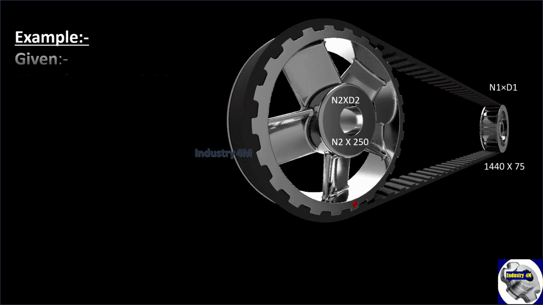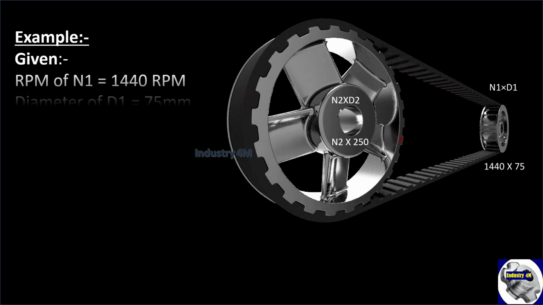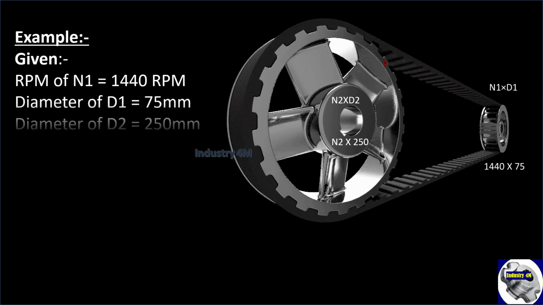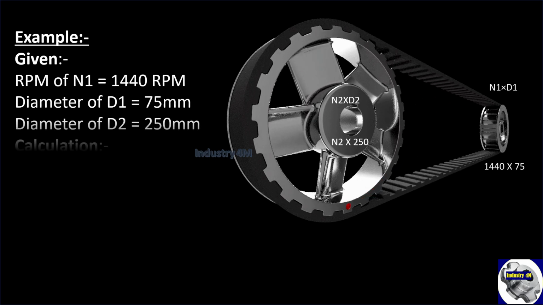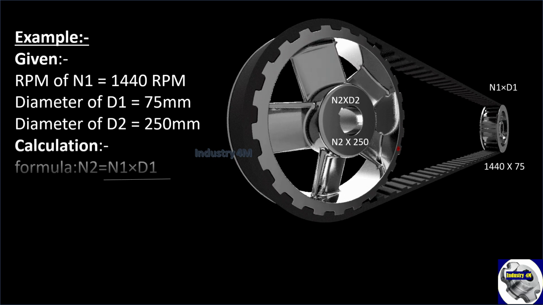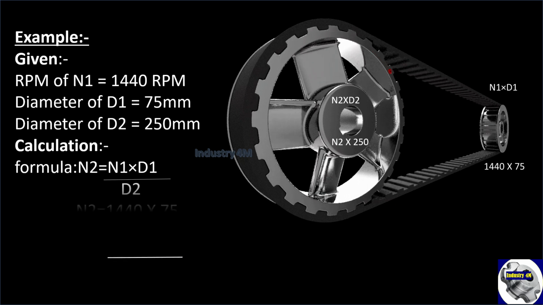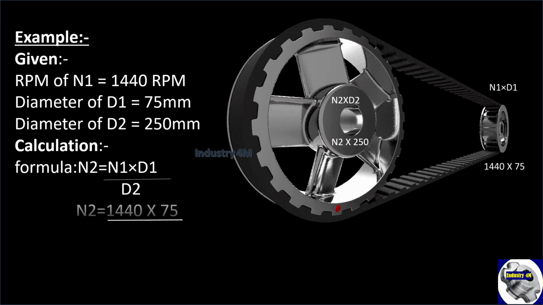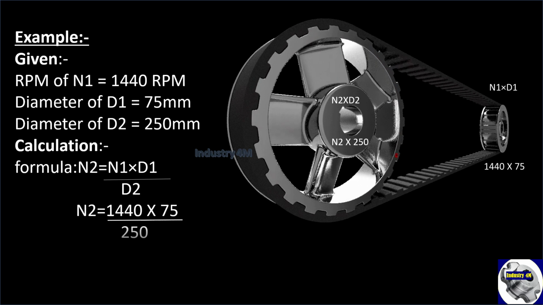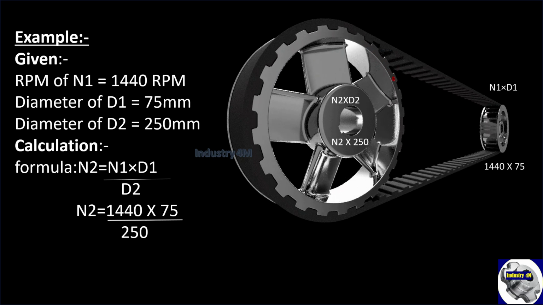If the mechanism has one driven and one driver pulley of the machine, where N1 we are calling here the motor's pulley RPM, N1 is 1440 and the diameter D1 is 75 mm, and the diameter of the driven pulley is 250 mm.